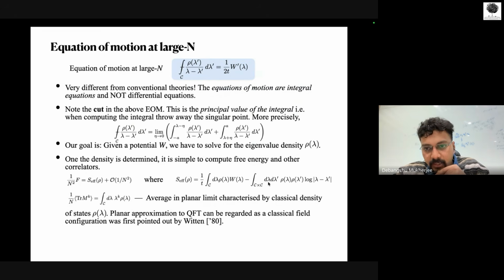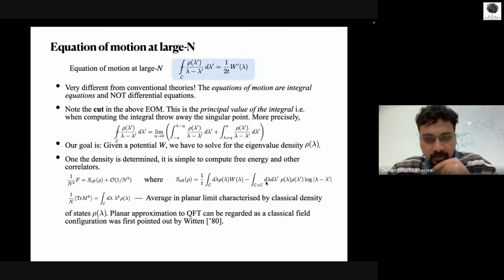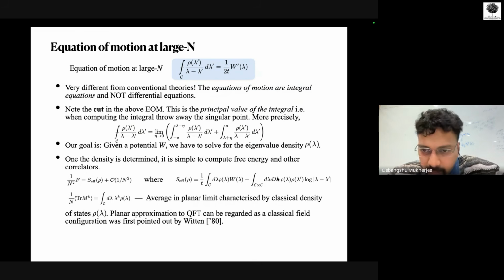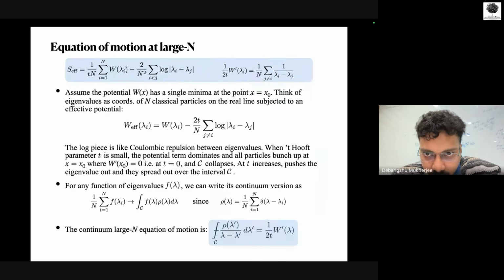Of course, you have to be a bit careful because the two arguments, lambda and lambda prime, on the two rhos are different, but they are dummy variables, because there are integrals over both lambda and lambda prime. Here you will effectively get a factor of half, and you can also get to the equation of motion that way. So this will also give you this equation of motion.